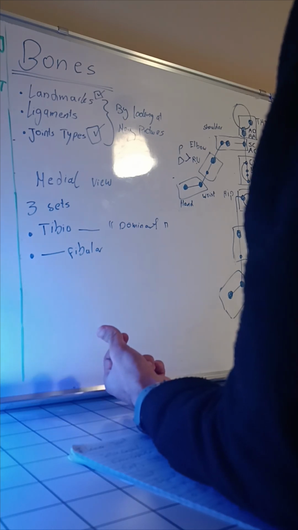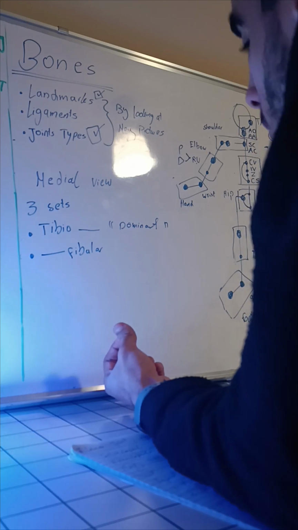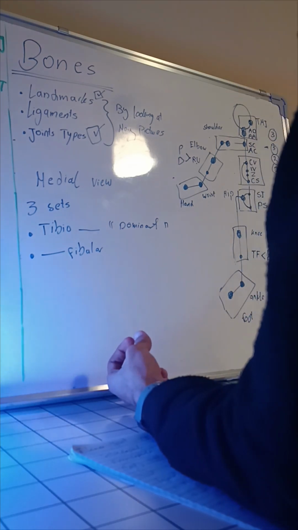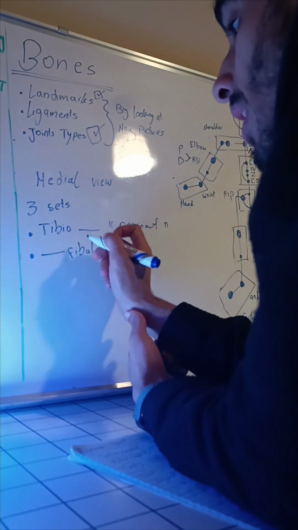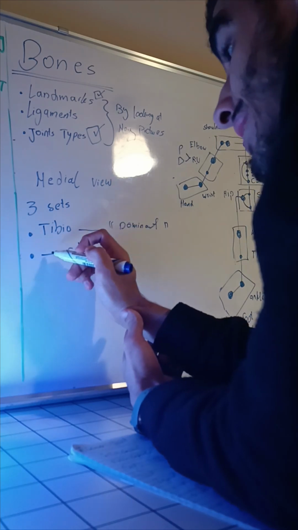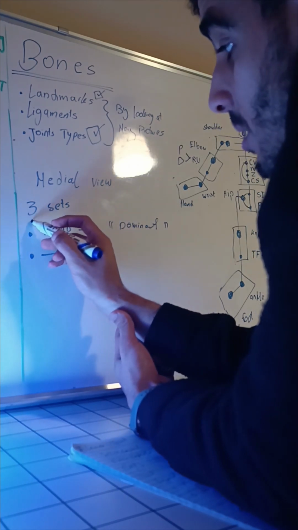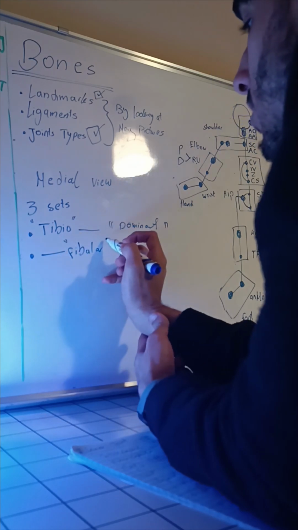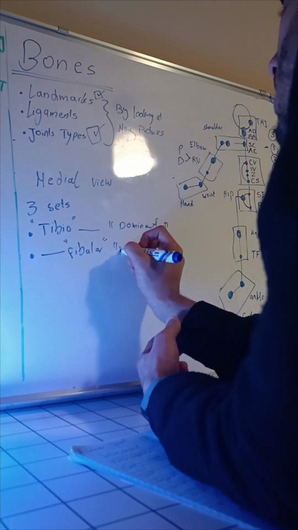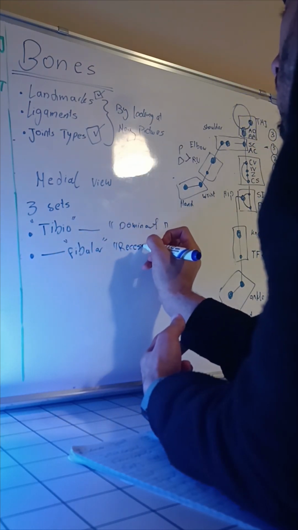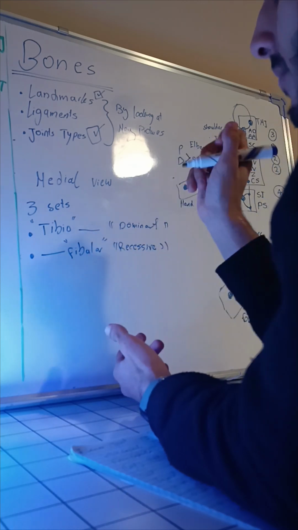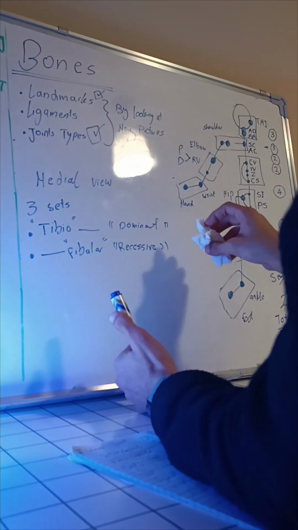So we're going to have something called the talofibular ligament. Talofibular here, tibiotalar there. The tibia is always at the beginning, and the fibula is always at the end, recessive. Just remember this rule.